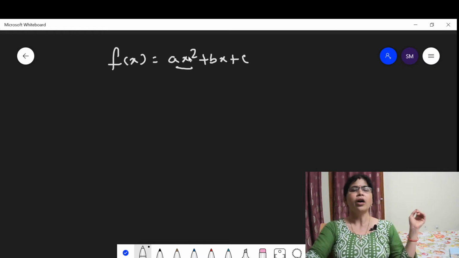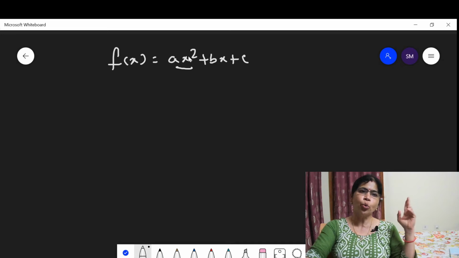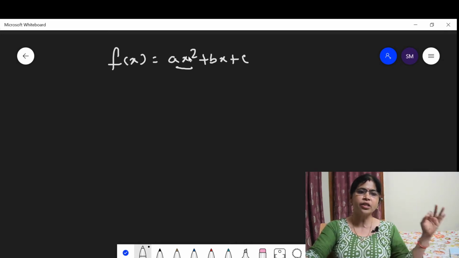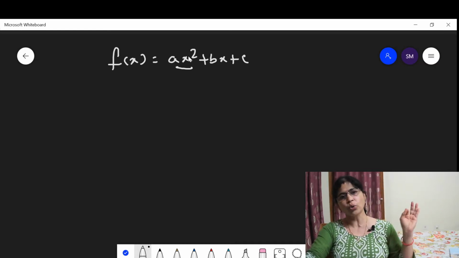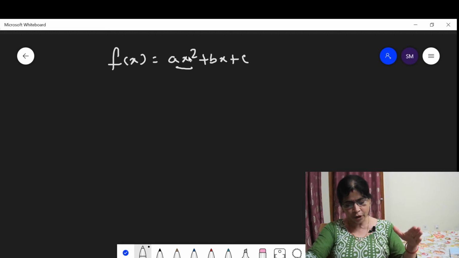Then the polynomial has two zeros, and we discuss the relationship between the two zeros. Let alpha and beta be the two zeros of the quadratic polynomial.